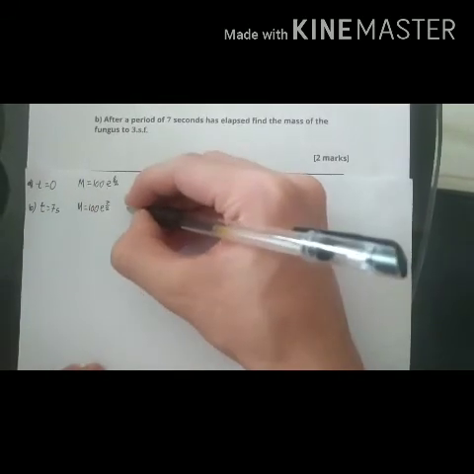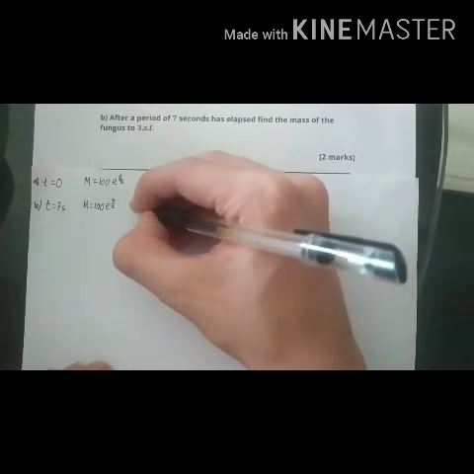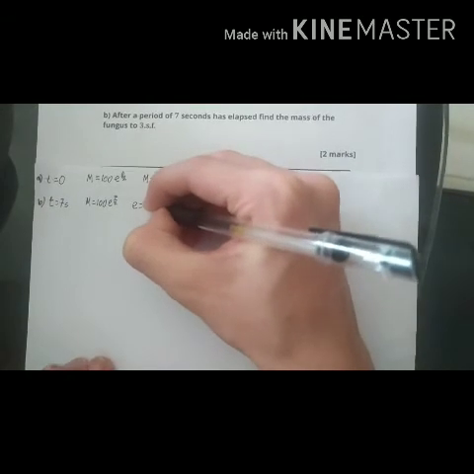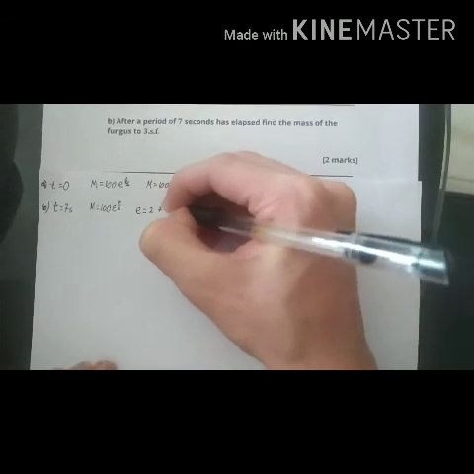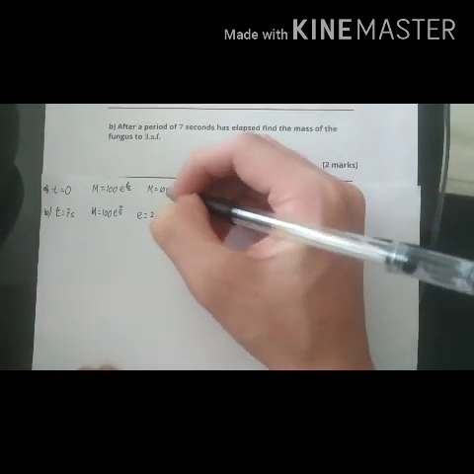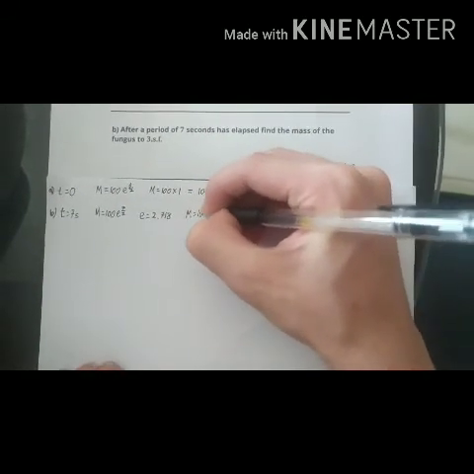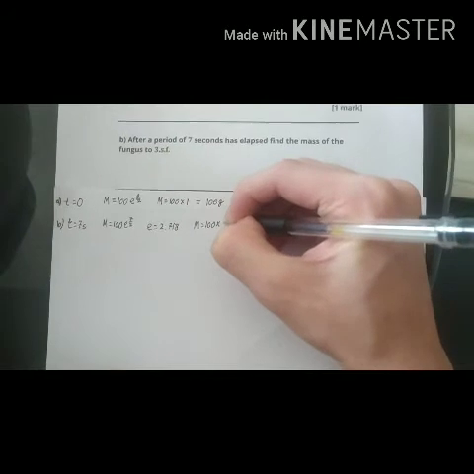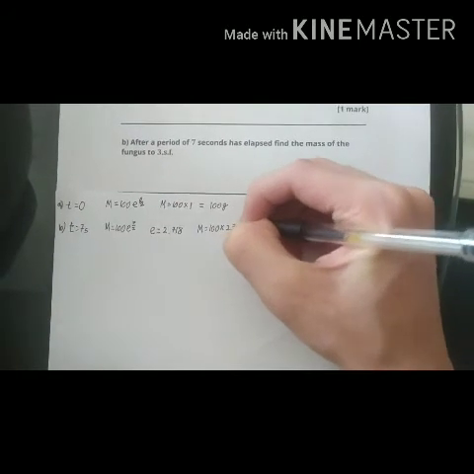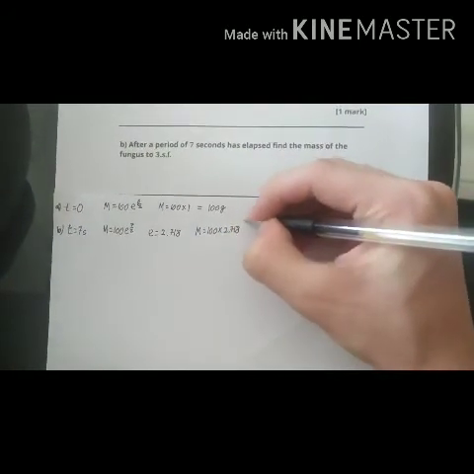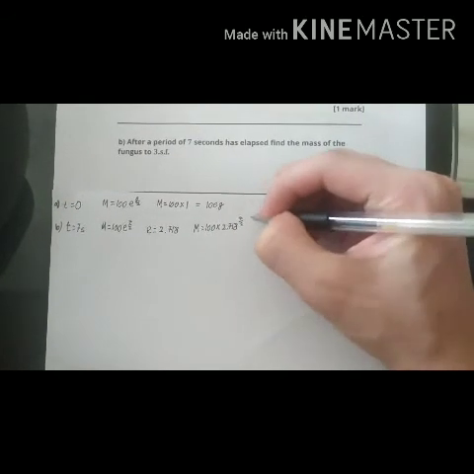And as I discussed before, e is approximately 2.718. And here that means it's 100 times 2.718 to the power of 7 over 2.